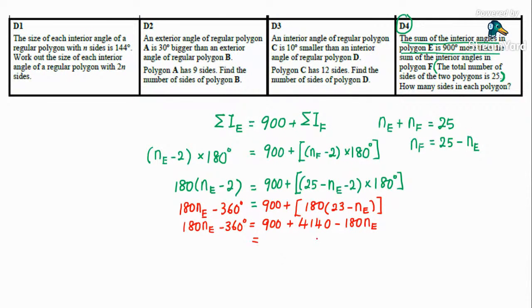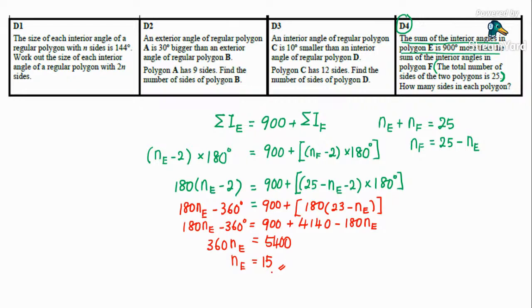So I get 360 NE, and then over here I will get 4140 plus 900 plus 360. So in total it is 5400. Therefore, NE is equal to 5400 divided by 360, so that is 15.